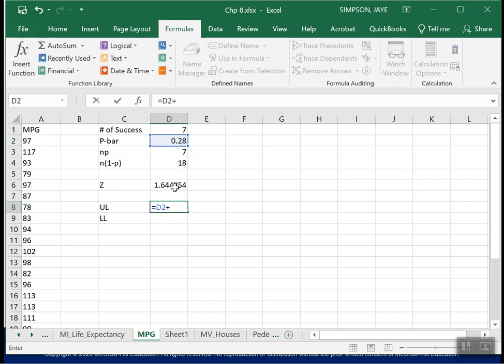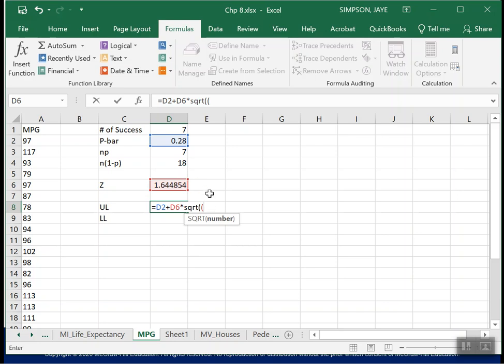My z-score, which I've already got right here, although we could embed that formula in this, multiplied by the square root of, and this is where you've got to be really careful with your parentheses and make sure that you're getting those all in there correctly.